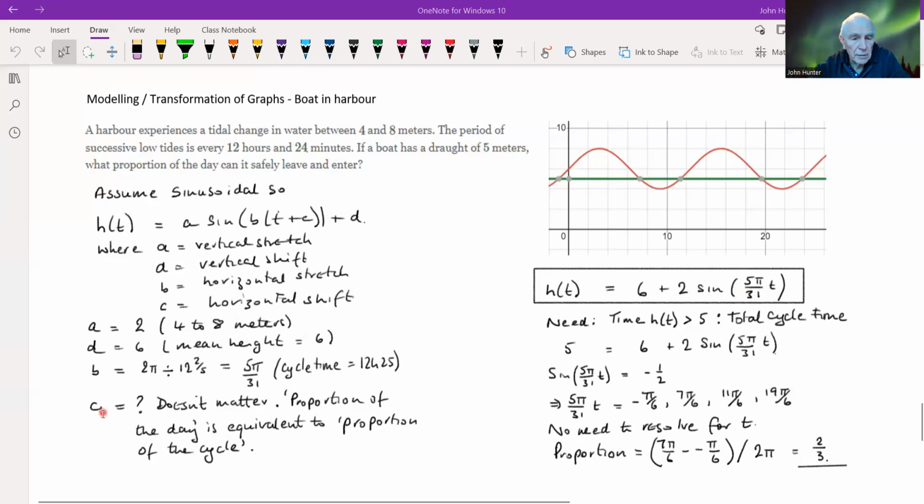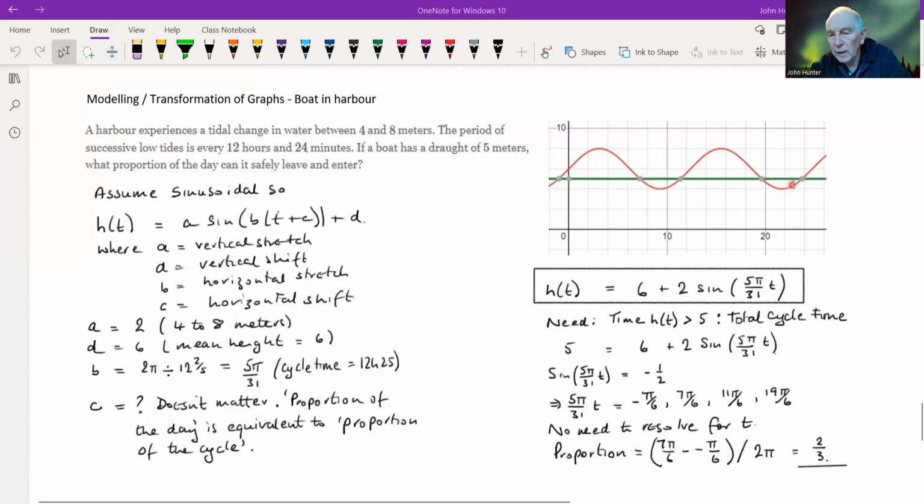What we haven't got here is c, the horizontal shift. I think this is probably the trickiest part of this question, actually, because it doesn't matter. We started off here with the water level at the mean height of 6.